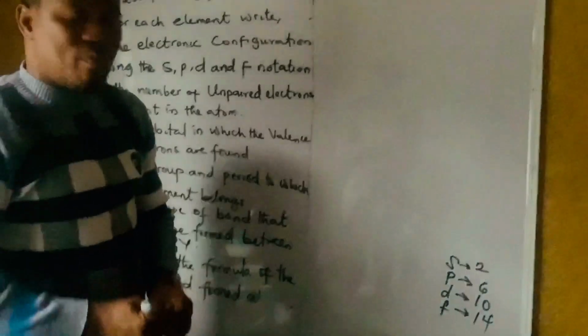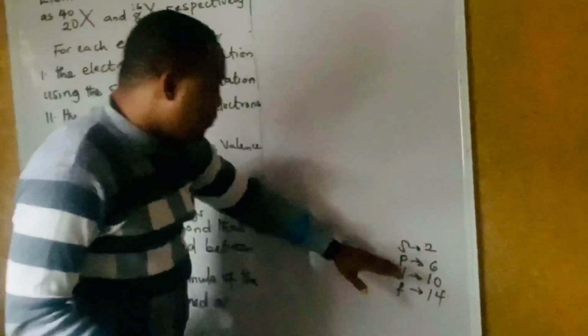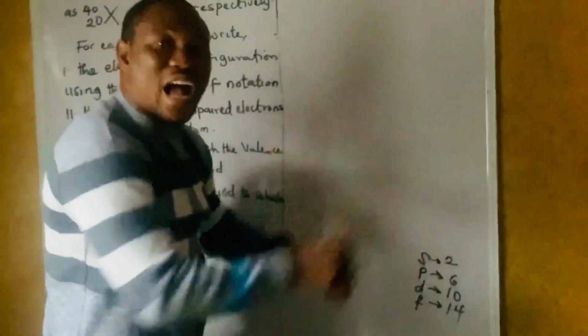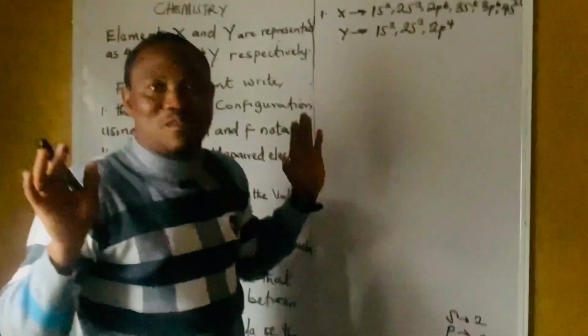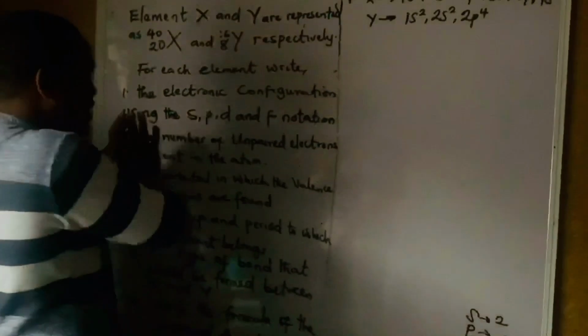This is the maximum number of electrons you can have in those orbitals. So if P can contain 6, definitely it can contain 4. Very correct. So for the electronic configuration using the SPDF notation, that is sorted.